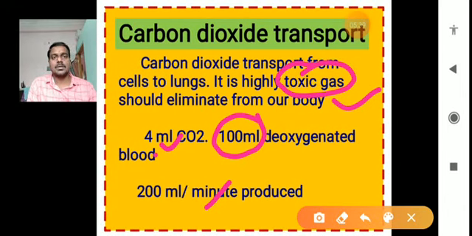In the animal body nearly 5 liters of blood is present, so a large number of carbon dioxide molecules are present in our body. Those carbon dioxide molecules should be removed from our body, since it is a toxic material.